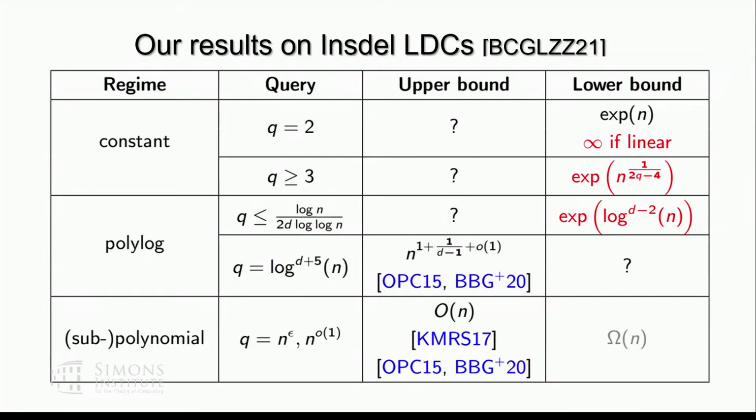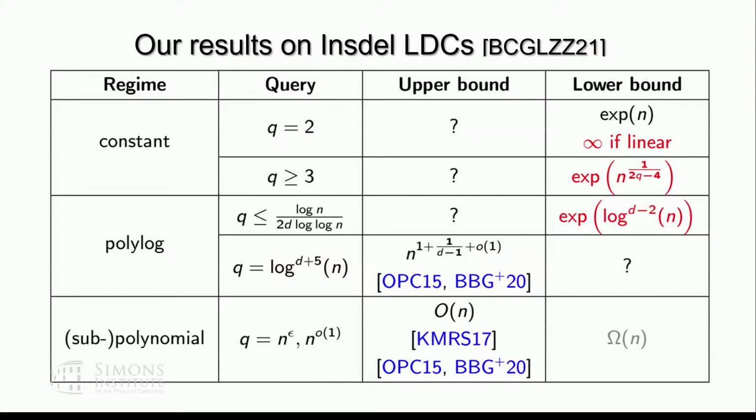But in recent-ish results, we're interested in precisely this question: what happens in the constant query regime? We have an immediate two-query Hamming LDC, the Hadamard code. Can we come up with a constantly many queries insertion deletion code? We tried very hard and we couldn't come up with anything. And it turns out that such things don't exist. If we're looking for linear insertion deletion codes, they don't exist with two queries.